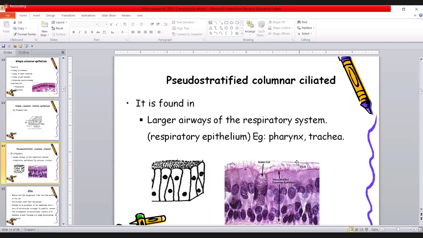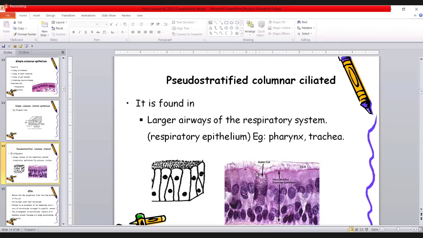From the apical surface of the cell, you get these very thin hair-like projections known as cilia. And you can visualize them under the light microscope. If you take a cross section of a cilium, what would you see?